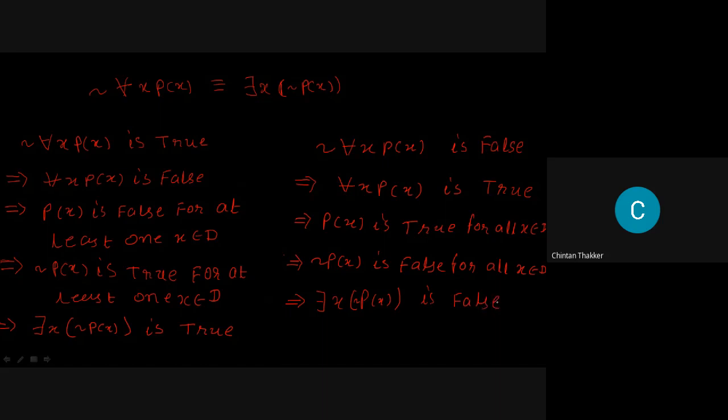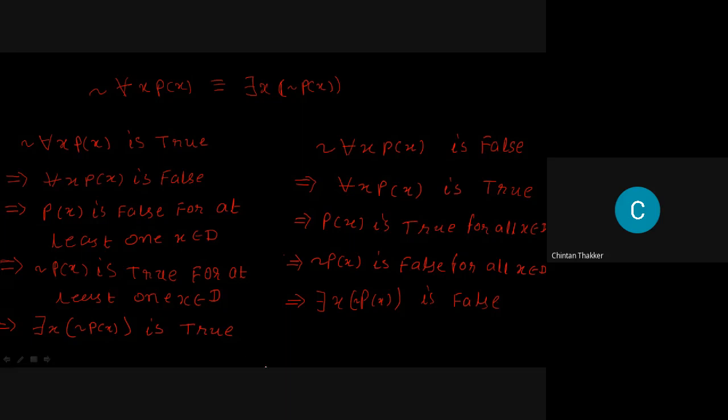We take the left hand side is false. We prove that the right hand side is also false. So in both cases, we got the same value of all x Px and there exists x negation of Px. So both are equivalent.